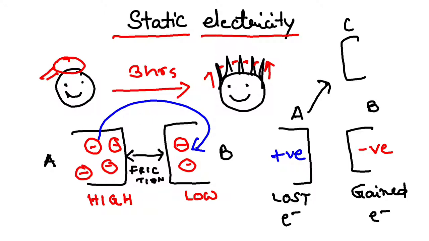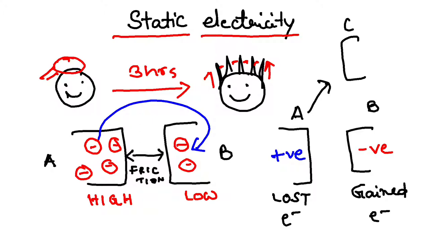Similarly, B also will collide with someone else and become positive again. So everything in the universe is colliding with everything else and hence becoming positive and negative continuously. It's a continuous process, isn't it? That is static electricity. That means the flow of electrons.